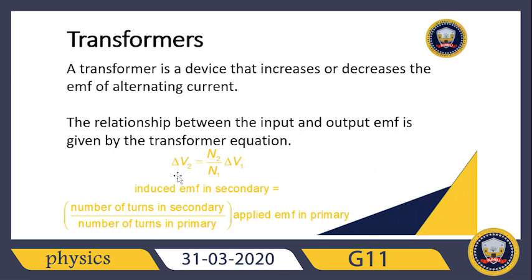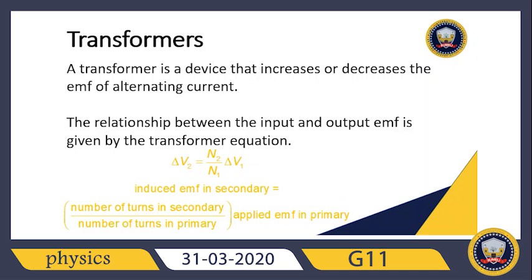So again, the equation: delta V2, that means the output voltage, is equal to N2, the number of turns in the output coil, divided by N1, the number of turns in the input coil, times delta V1, the voltage in the input coil.